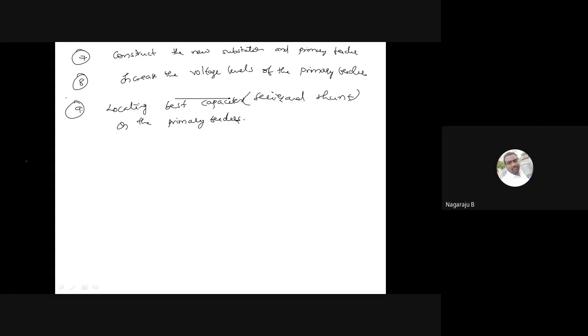So this is about that. These are all the things you have. On that you have only the effect of the series capacitor. So you know about the series capacitor.